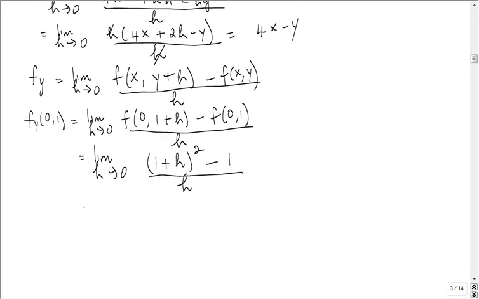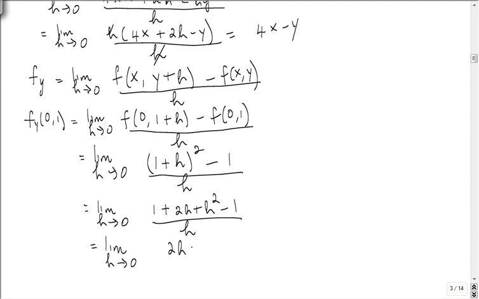Simplify. Limit as h approaches 0. (1 + 2h + h squared minus 1) over h. Simplify. Put your limit. (2h + h squared) over h.